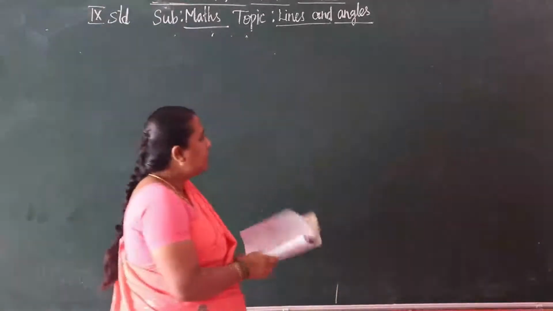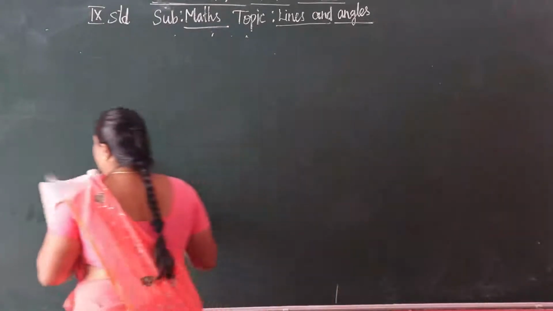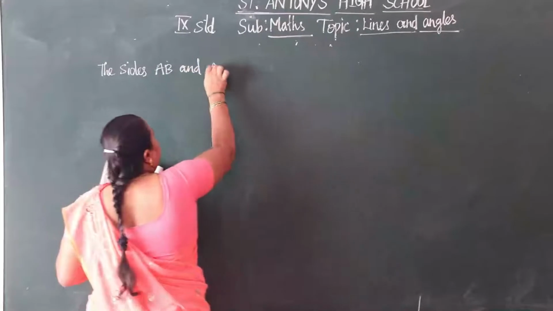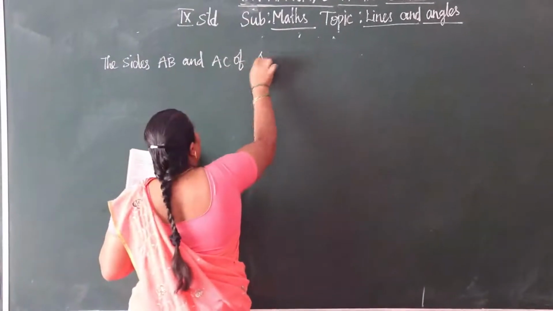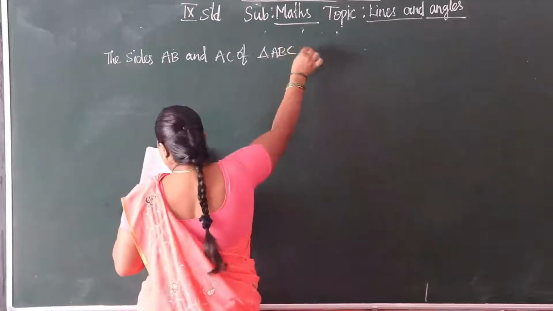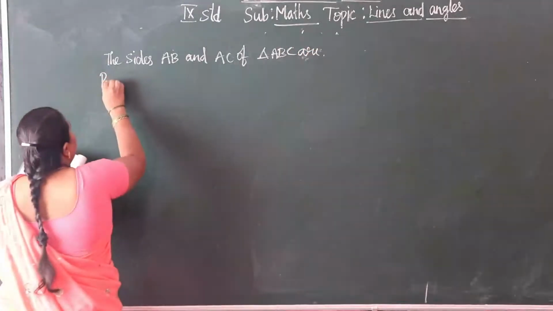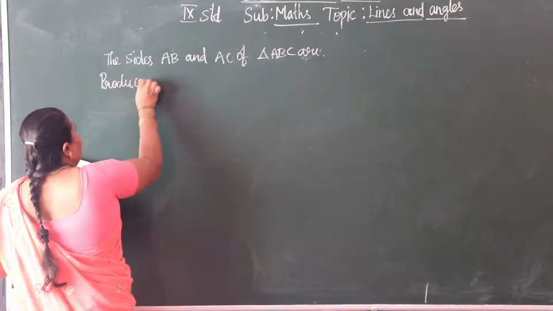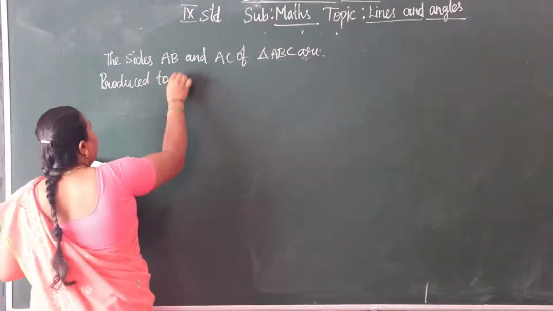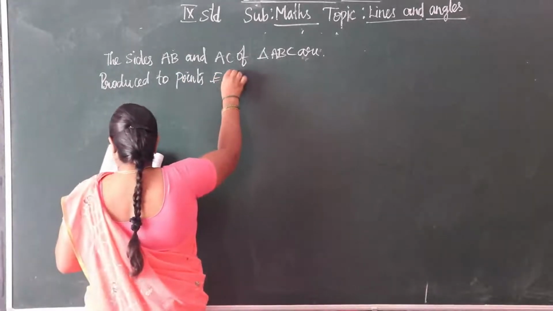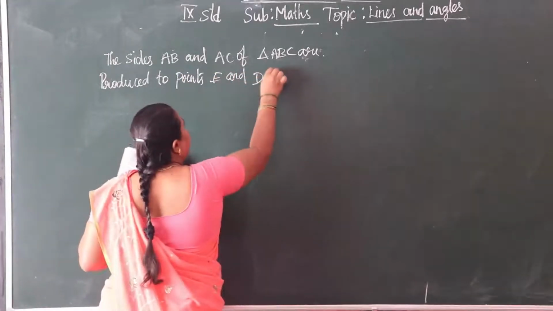Example 8. Here also the figure is given. The sides AB and AC of triangle ABC are produced to points E and D respectively.